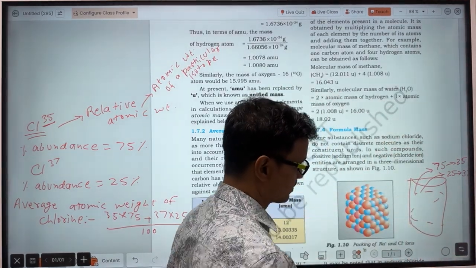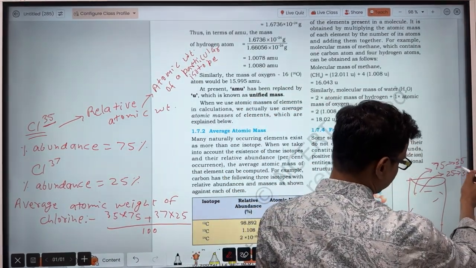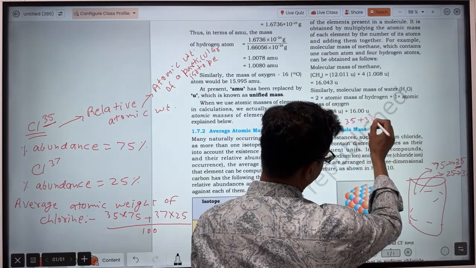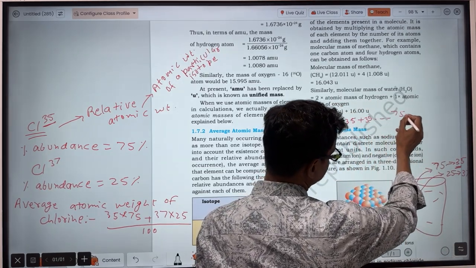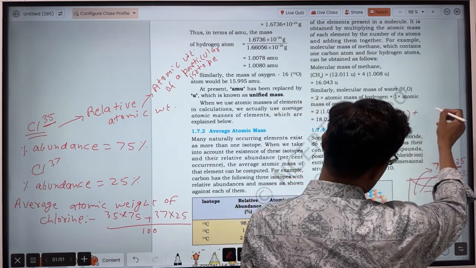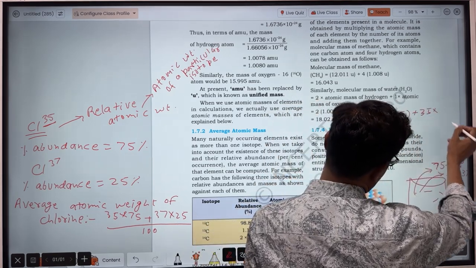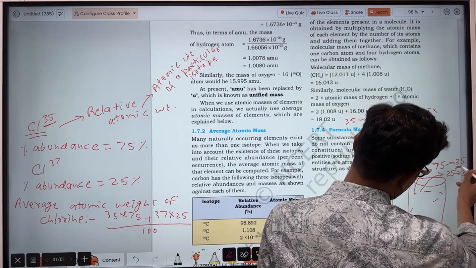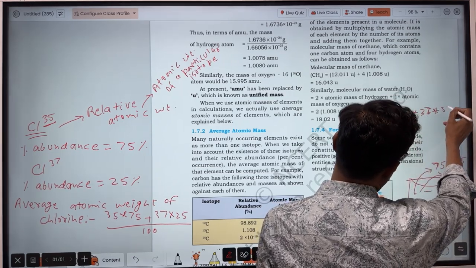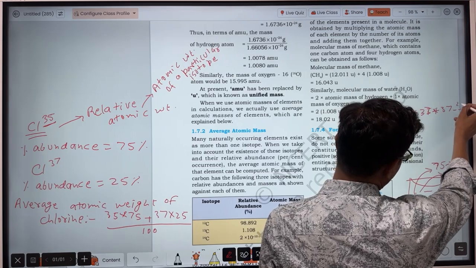How do we calculate the average? It means 35 will be added 75 times, that is 35 plus 35, till 75 times, and plus 37 plus 37, and that will be 25 times.